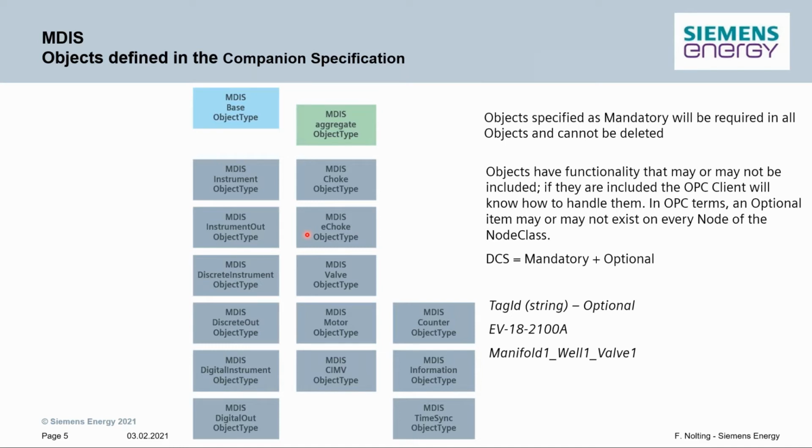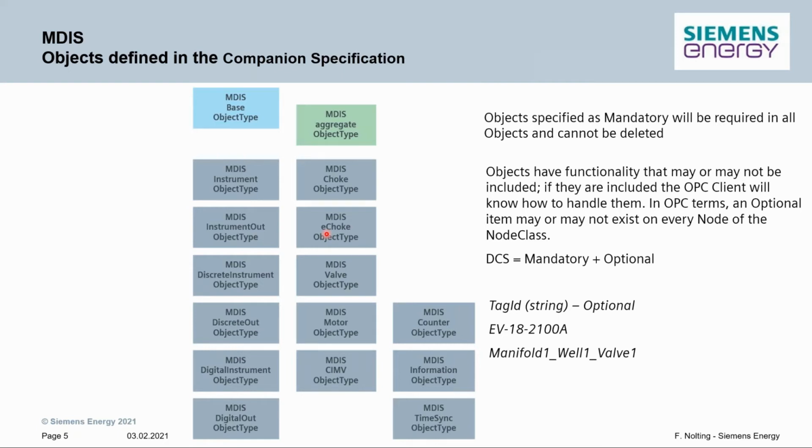The server vendor can choose to use the optional items or not, depending on his application or fit. But as the DCS should be able to cope with all kinds of applications, our approach has been to incorporate all mandatory items, of course, and all optional ones, so that we are able to connect to it. No matter what the Subsea vendor gives us, we will be able to cope with most of it, all of it.